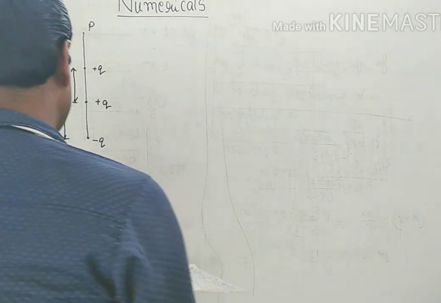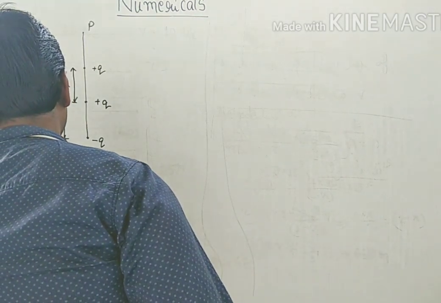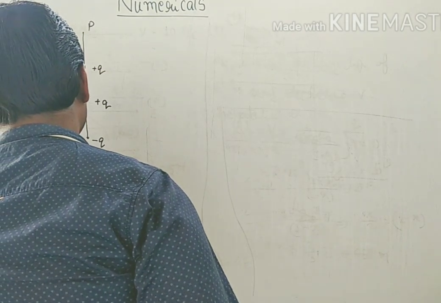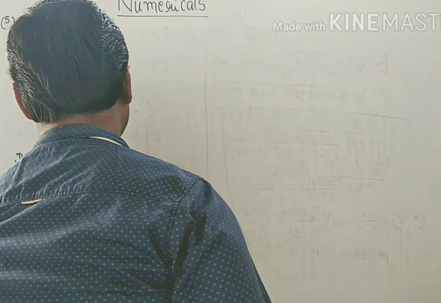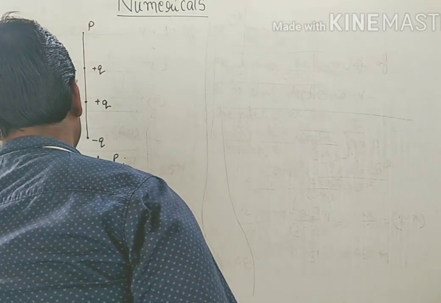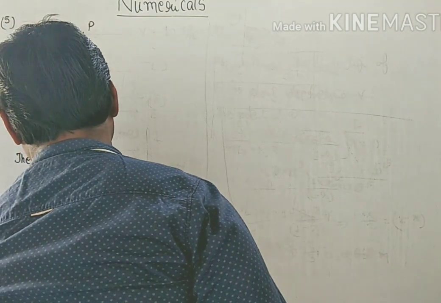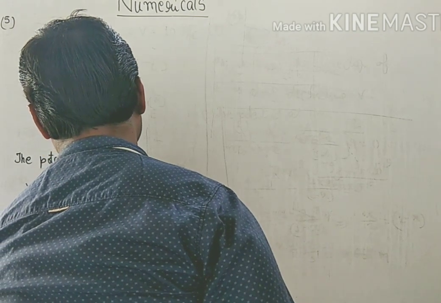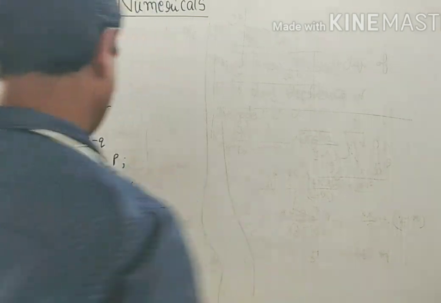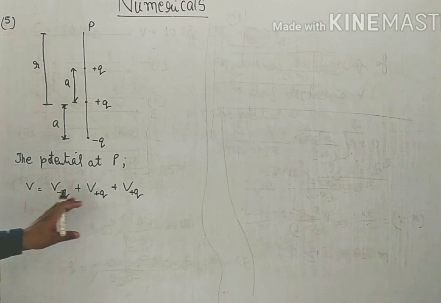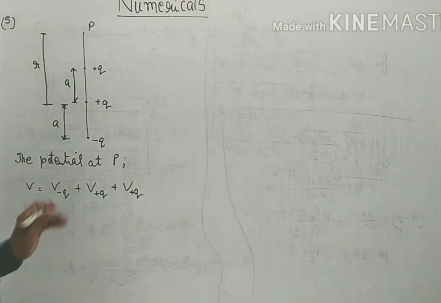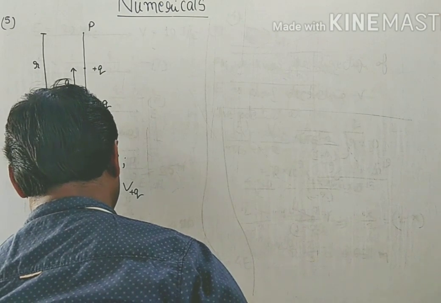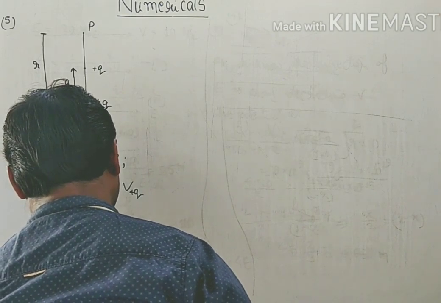Okay, so let's proceed. The potential at P, V, equals V due to minus Q charge plus V due to plus Q charge plus V due to again plus Q charge. This is simply the application of the principle of superposition. Now just place the values. 1 upon 4 pi epsilon naught will be common in all.